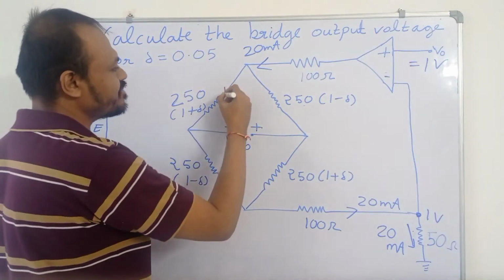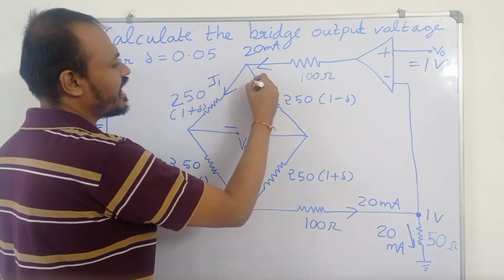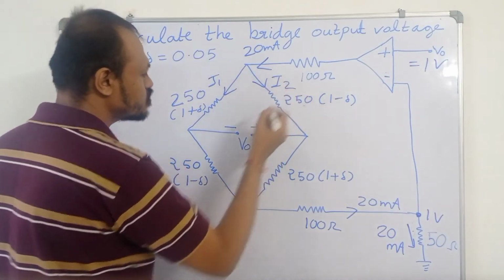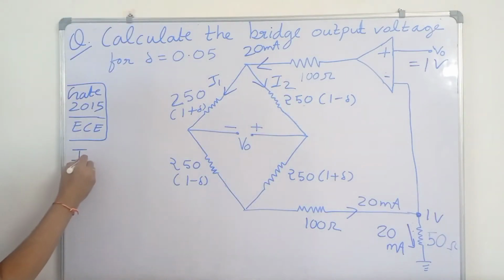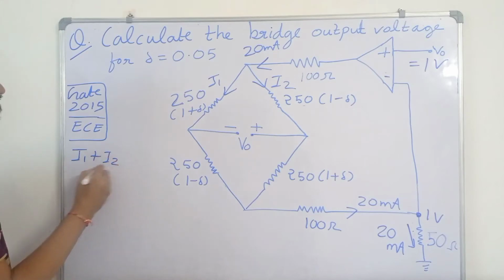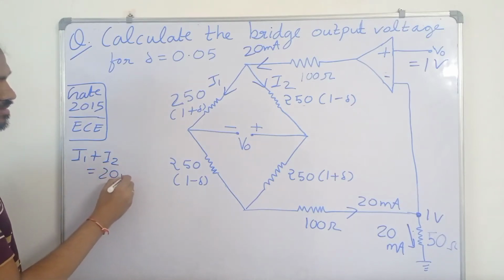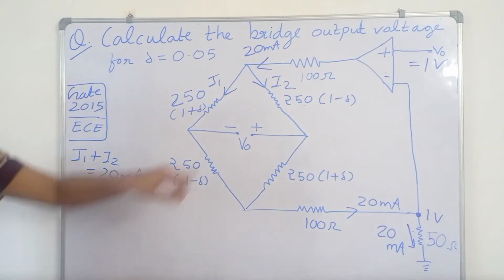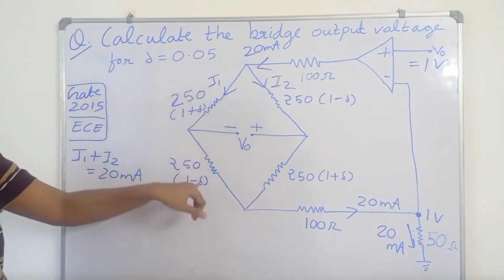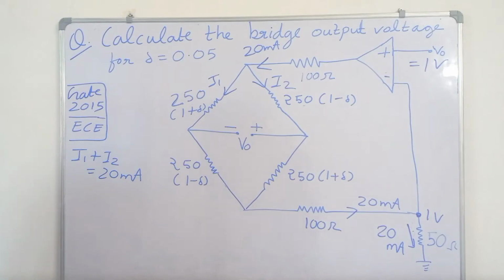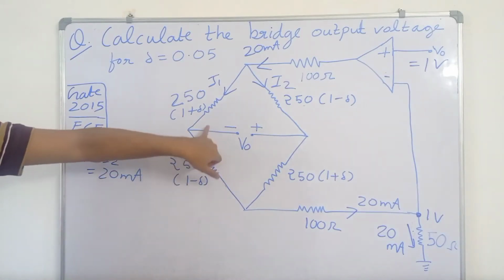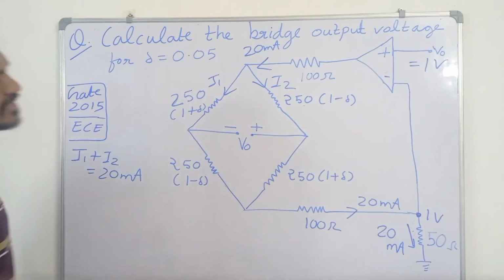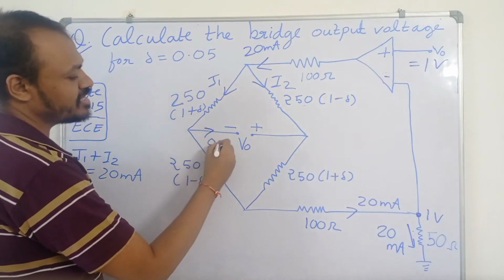Let this current be I1 and let this current be I2. So we can say I1 plus I2 is equal to 20 milliampere. If you see this circuit, this resistance is 251 plus delta, this resistance is 251 minus delta. The current going here is 0 ampere, because this is open circuit.